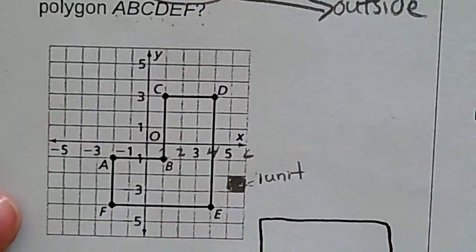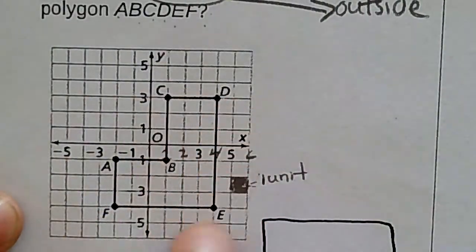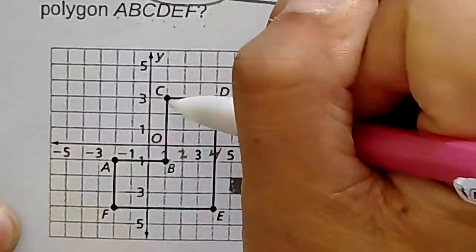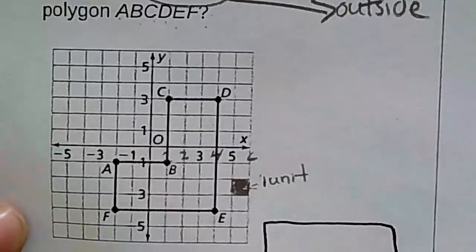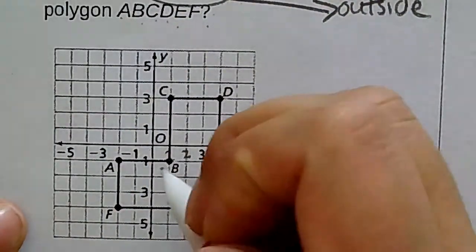So now I can easily count my units all the way around. This is like when we did finding distance, and you could plot all the points and find the coordinates of each point and then add the distances together. But when you have a coordinate grid, it's much easier to count.